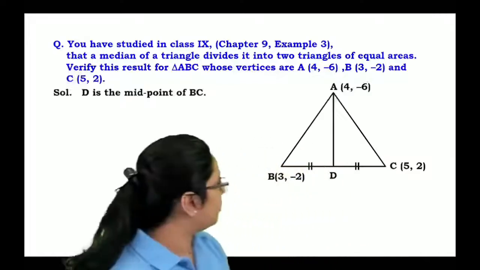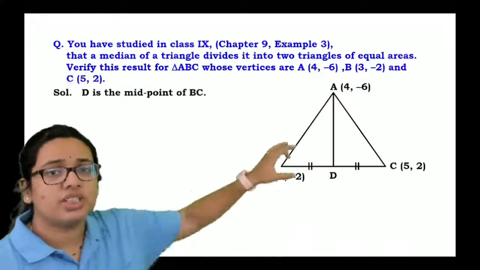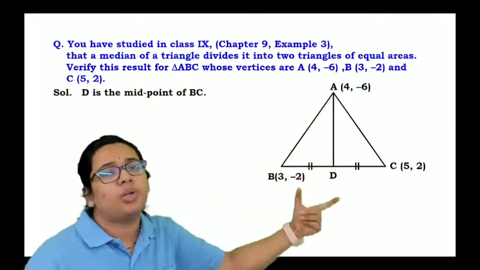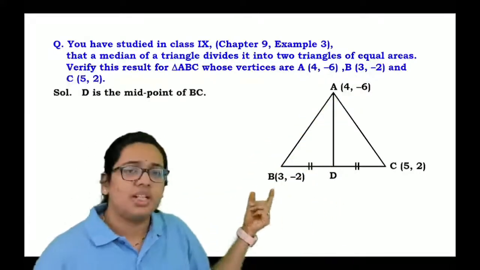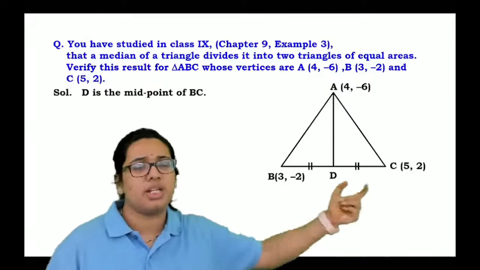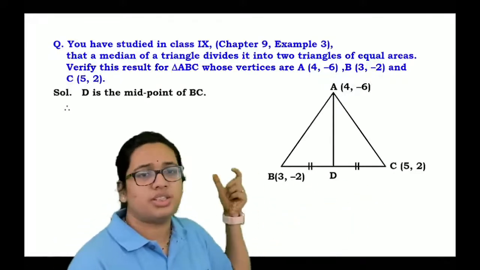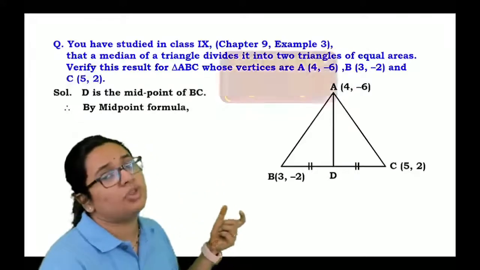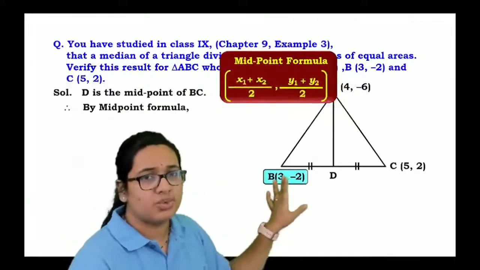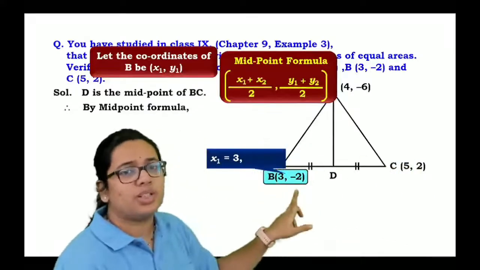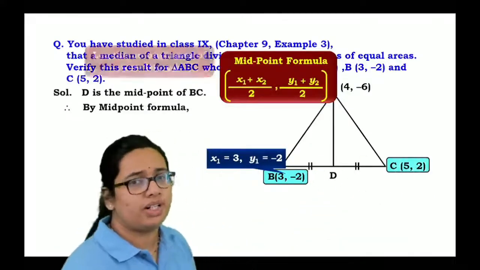So before that, for finding the median, we just have to join A to the midpoint of BC. You already have the coordinates of B and C. So how can we find the coordinates of D? Just using the midpoint formula. What is the midpoint formula? x1 plus x2 divided by 2, y1 plus y2 divided by 2.